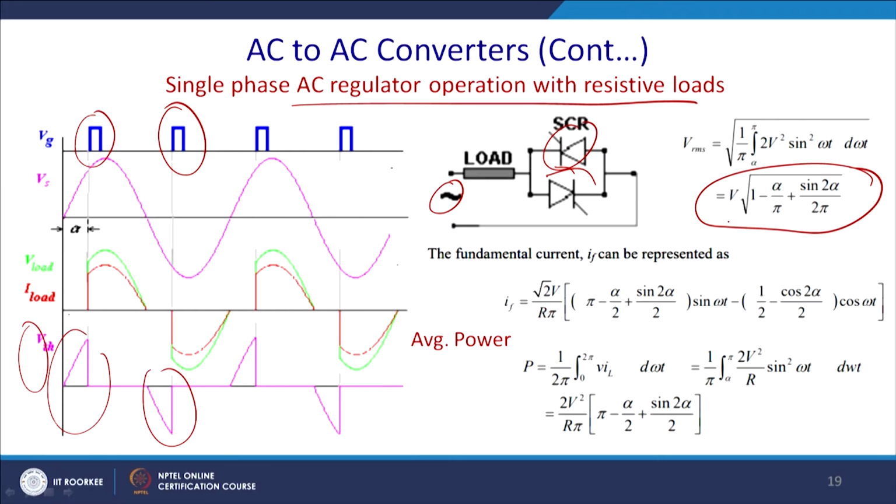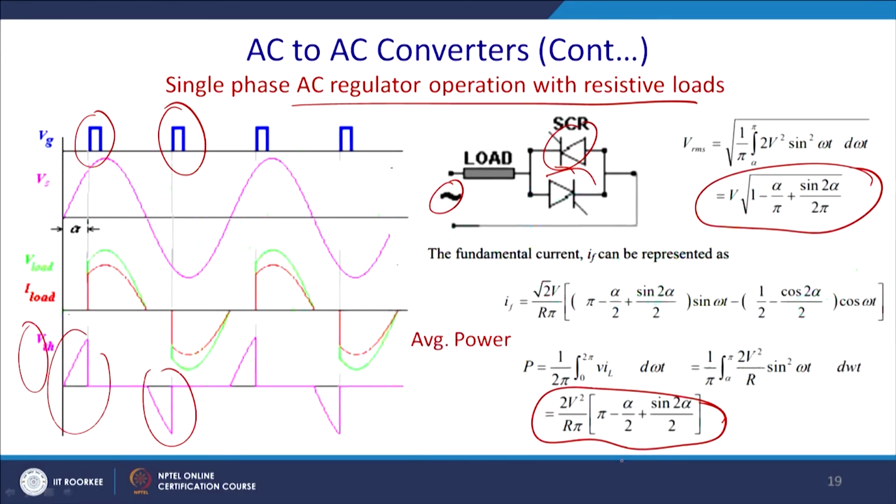So, this is the voltage, so you have to divide it by R. So, you can get this value plus this value. So, this will be the current, and for average power you have to multiply VL into IL. So, if you multiply, you will definitely get V square by R times pi minus alpha by 2 plus sin 2 alpha by 2. So, this will be the average power, basically the RMS power across this load.